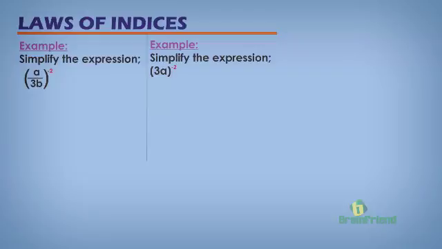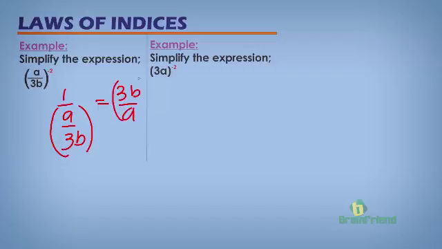This is a fraction. If we were to invert this fraction, what would we have? It would simply be 1 all over A all over 3B, which would give us 3B all over A, all squared.